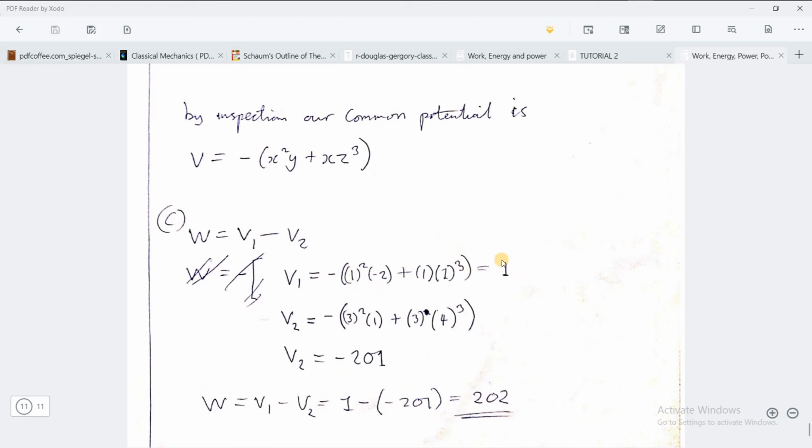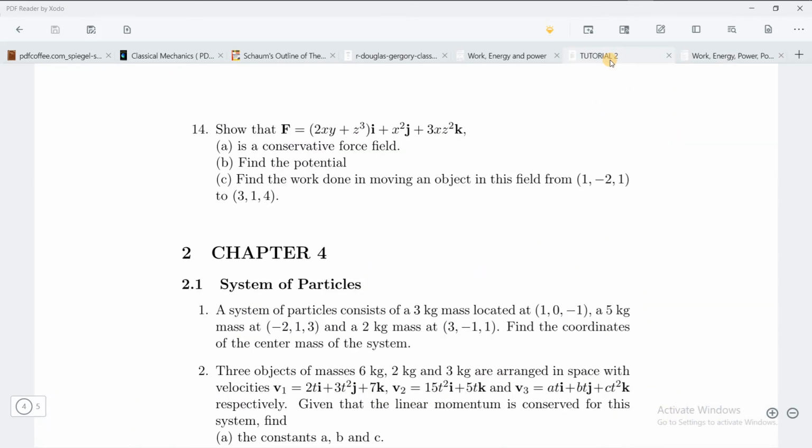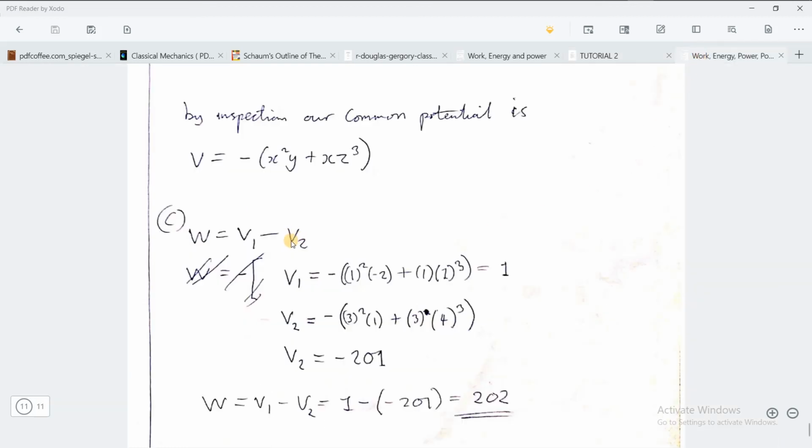Okay, and we're getting a 1 for V1, and for V2 we take these coordinates at point 2 and plug in here, and you get V2 to be that, being equal to minus 2, 0, 1.